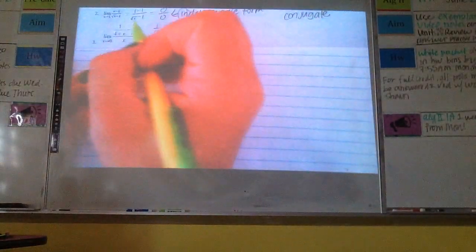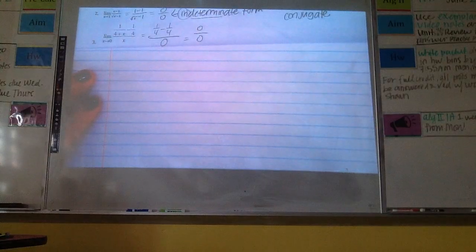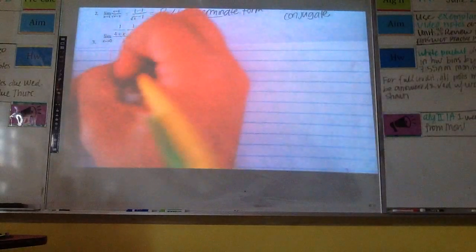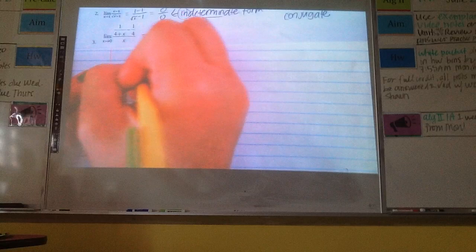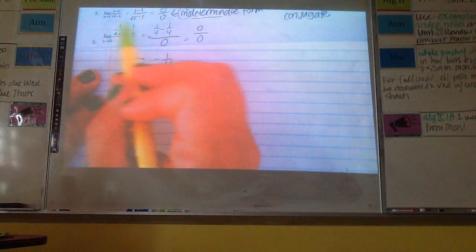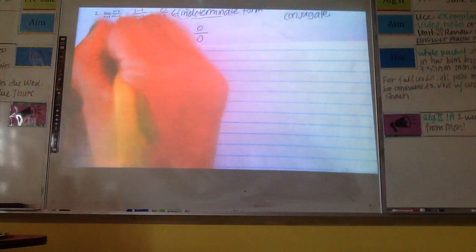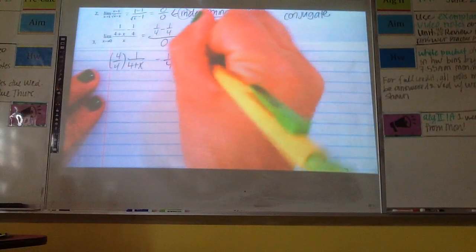If I see fractions within fractions, one trick that sometimes works is to reduce to one fraction. That is, I've got this 1 over 4 plus x minus 1/4. Let's get these together and turn this whole expression into one single fraction. I can do so by obtaining a common denominator.